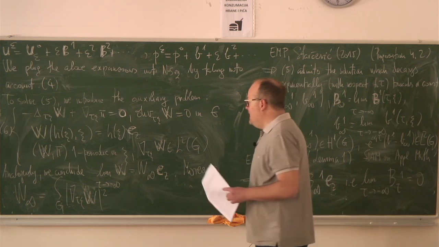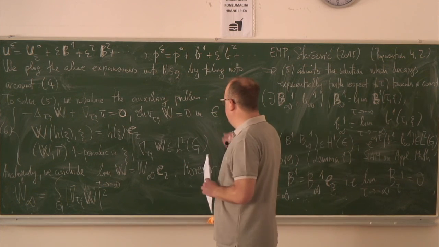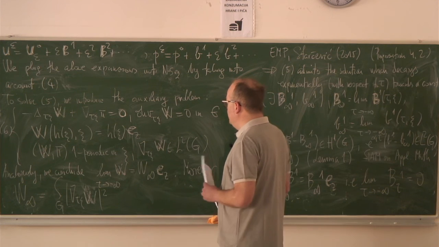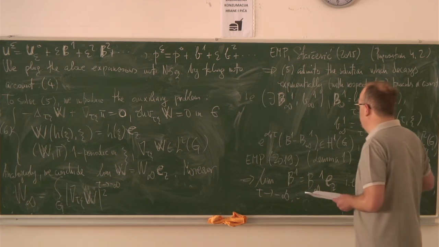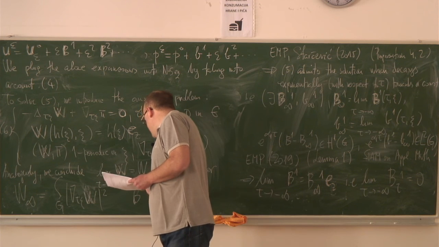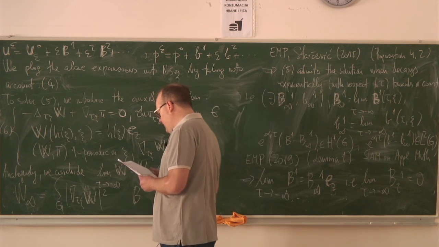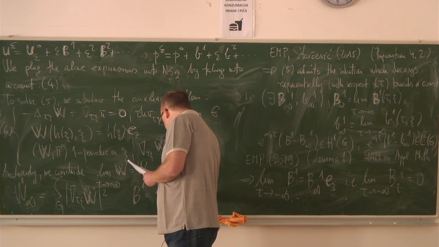Okay, and now using this auxiliary function defined by this problem, we solve phi, so we solve the problem for the first boundary layer corrector by simply putting that B1, and you can easily verify that, is equal to this expression here.